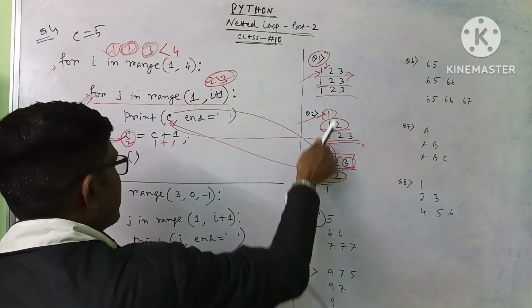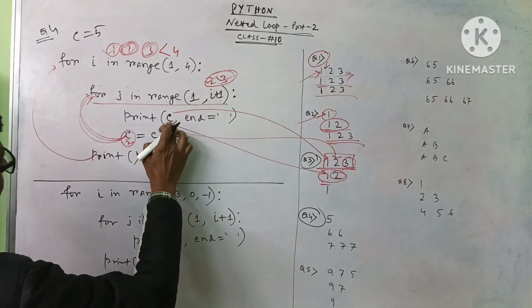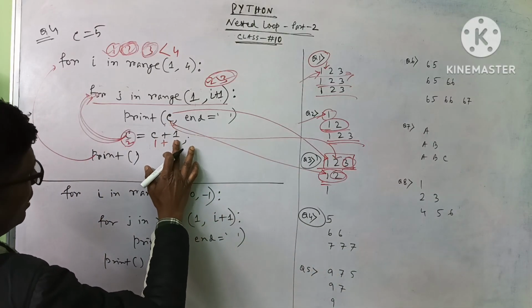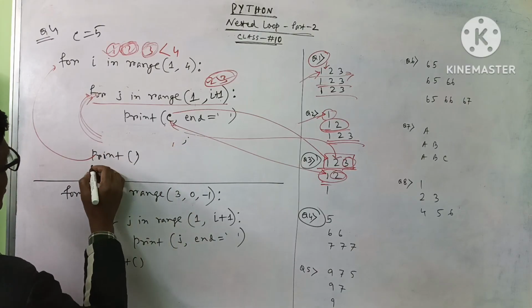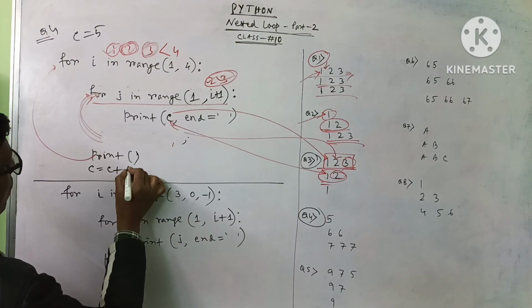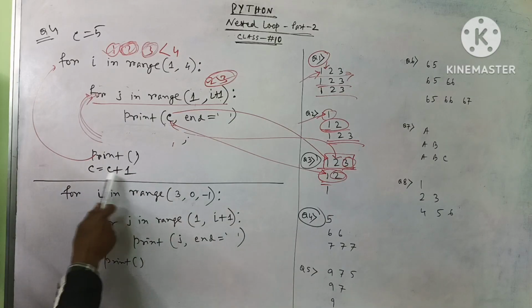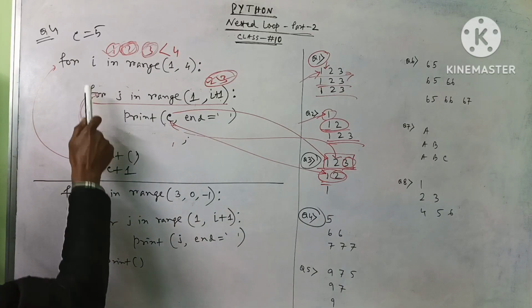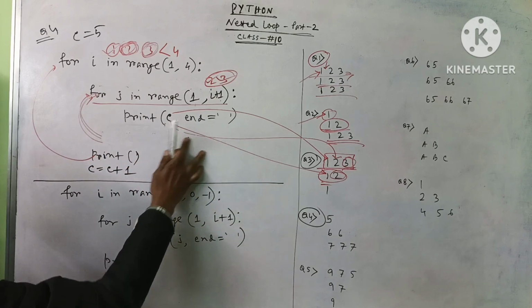It will give you the set like this, but the value I need is 5, 6, 7. What you will do: do not change it here. You have to change it, C equal to C plus 1, here. So C is how much? 5 plus 1, 6. So next time it will start from 6. So all the lines it will print 6, 6, 6.